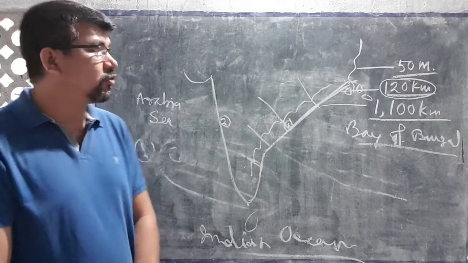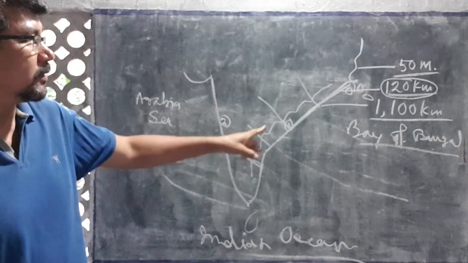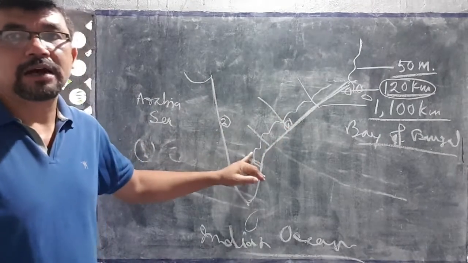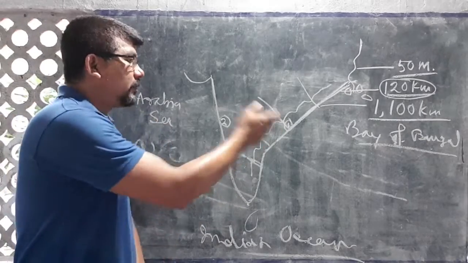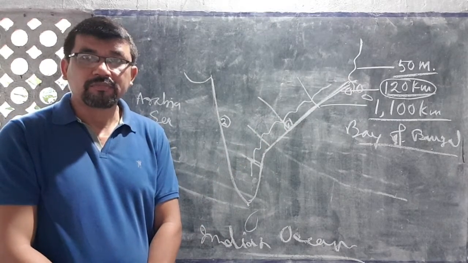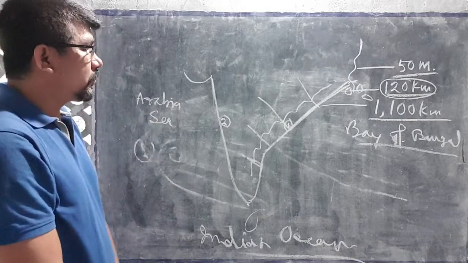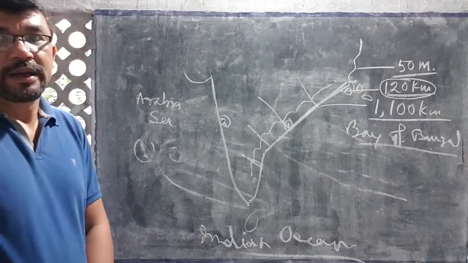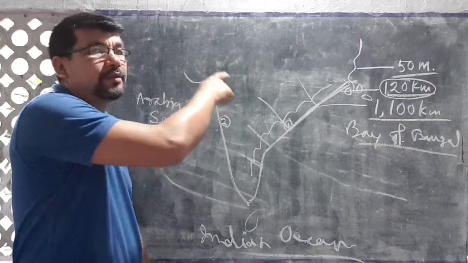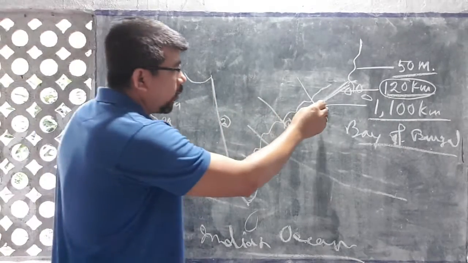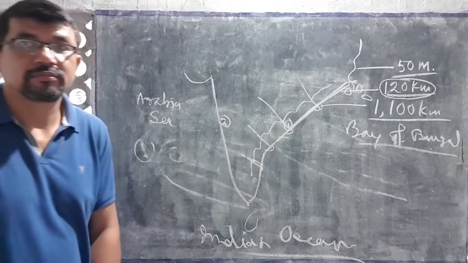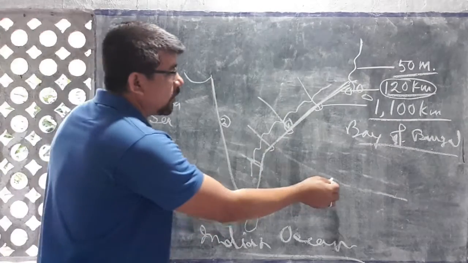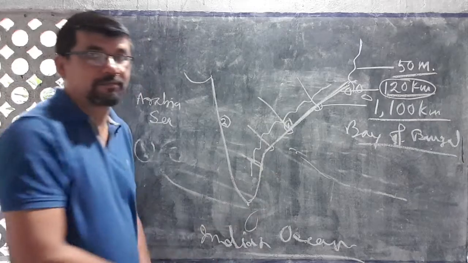And due to presence of lots of rivers like Mahanadi, Godavari, Krishna, Kaveri, Penna, Baiga, all these are located in the eastern coastal region. The materials which are carried by this river from this Deccan Plateau, they are always deposited over the coastal region. An action of sea wave is always found here.